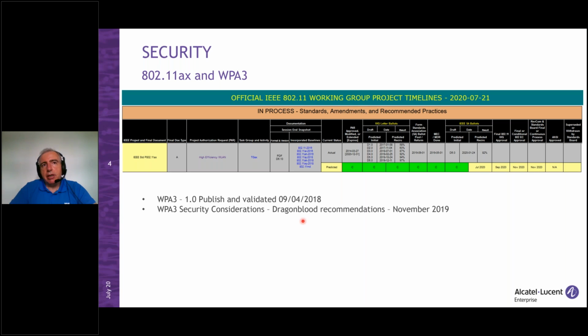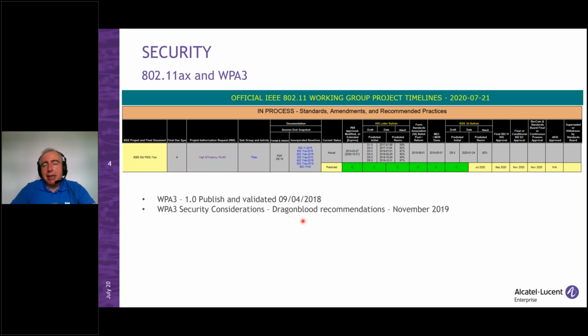The Dragonblood recommendations are a new set of modifications that the Wi-Fi Alliance introduced in the WPA3 recommendation to address these Dragonblood problems. Maybe I'm talking about it a bit early, but we can cover them later.